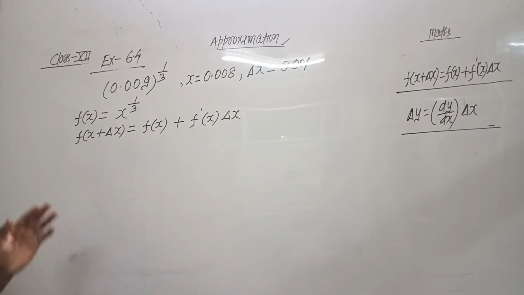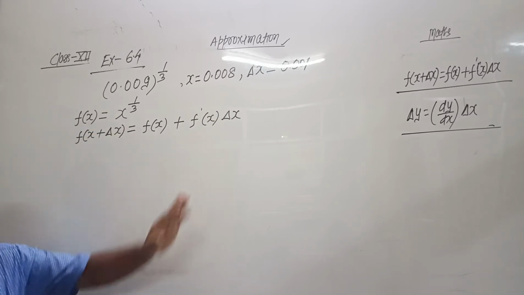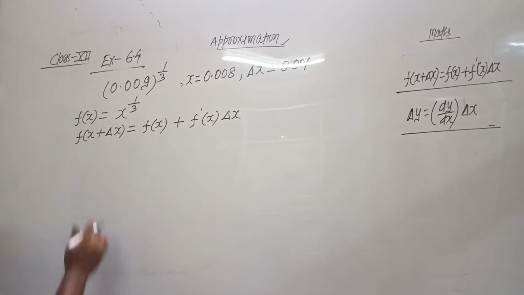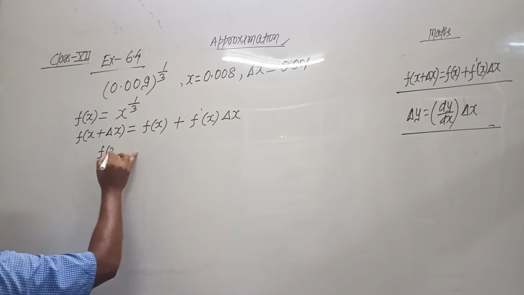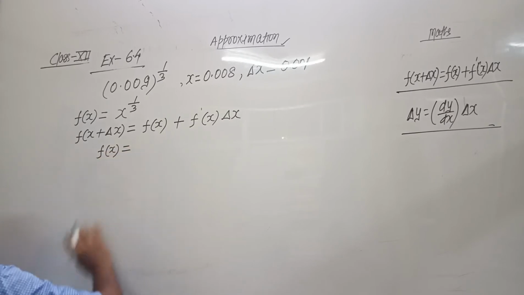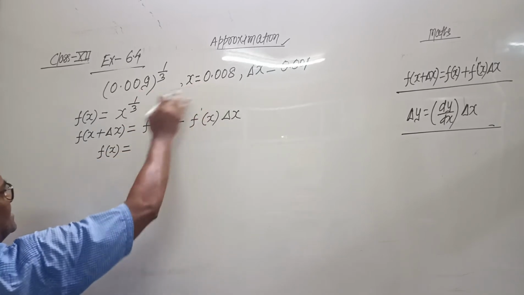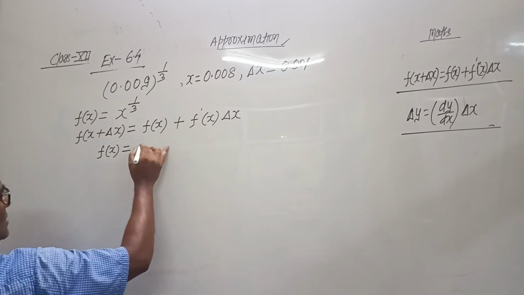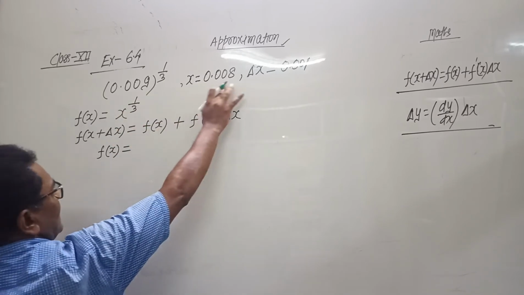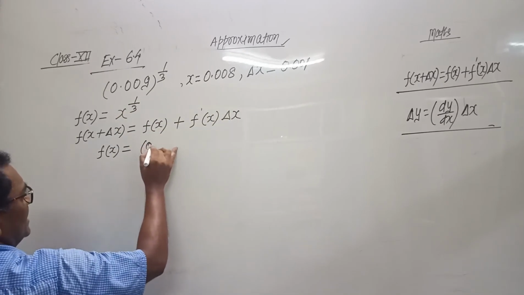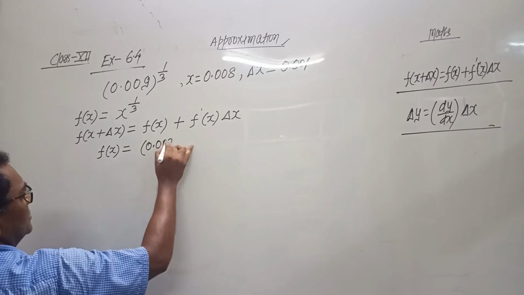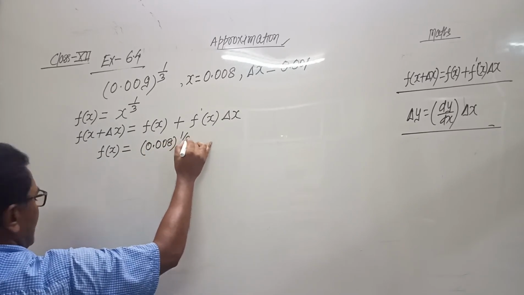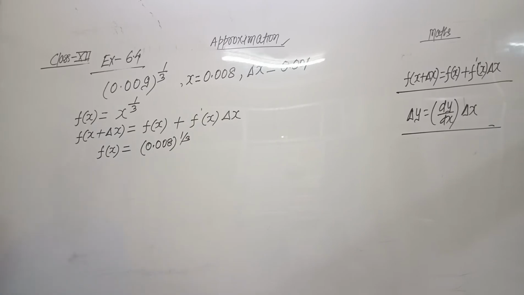Now we have to find the value of f(x) and the value of f dash x. So f of x is calculated by putting the value of x in the function. So x raised to the power 1 by 3 and the value of x is 0.008 raised to the power 1 by 3.